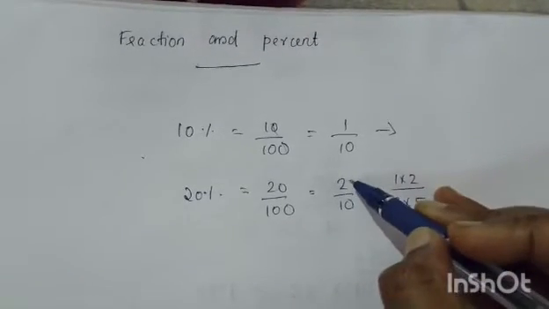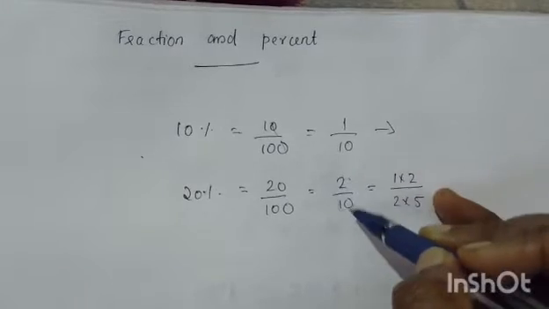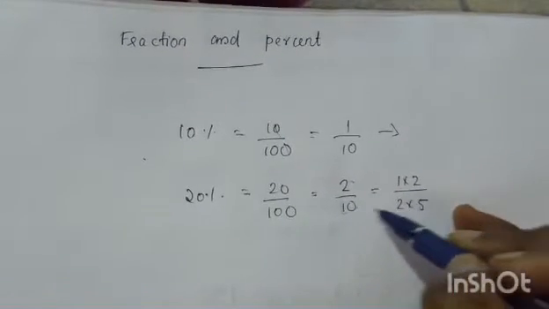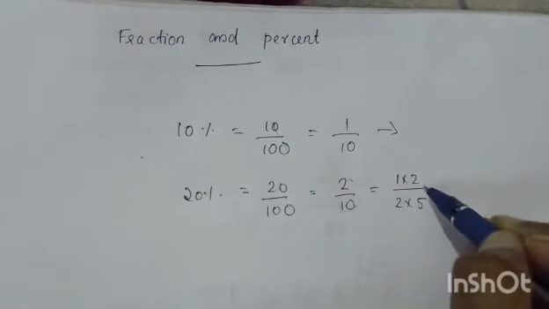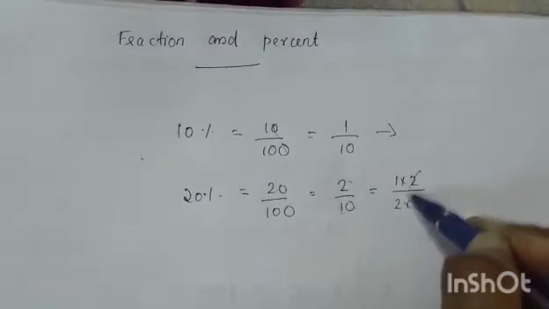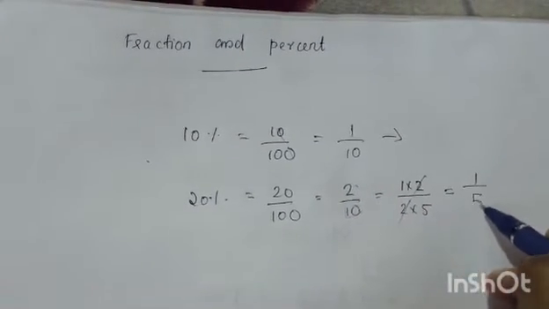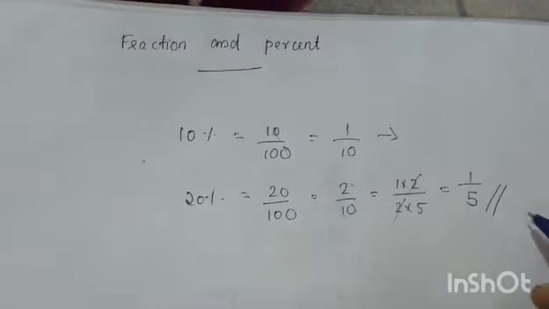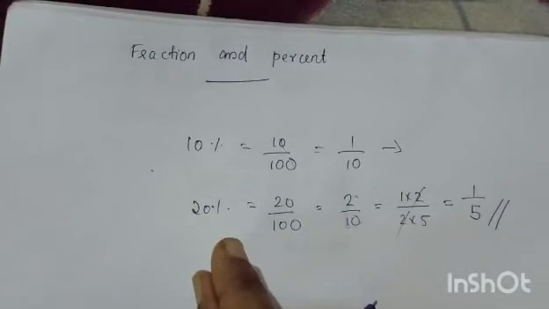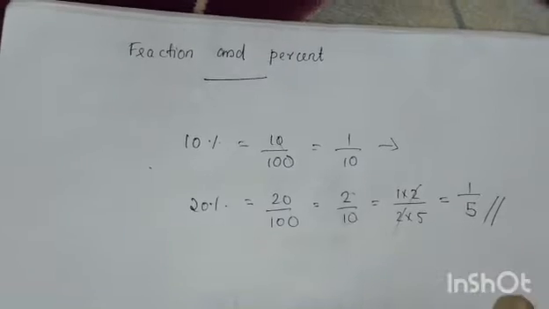Both 2s in the numerator and denominator get cancelled. We get the result 1 by 5. This is the conversion of percentage into fraction.